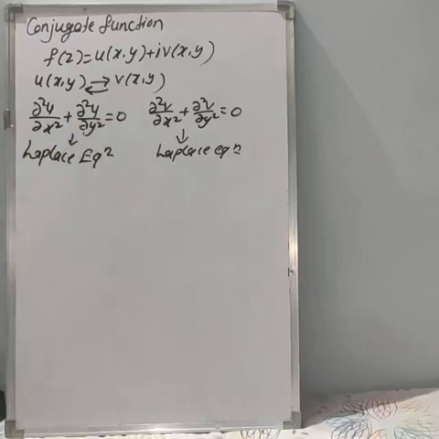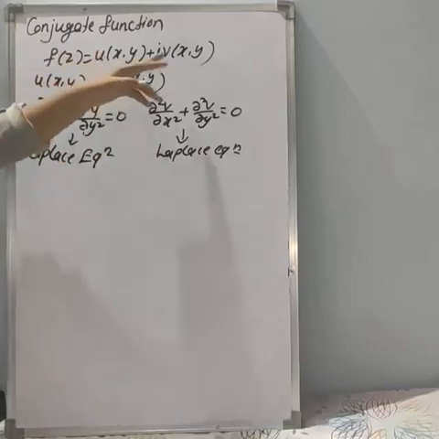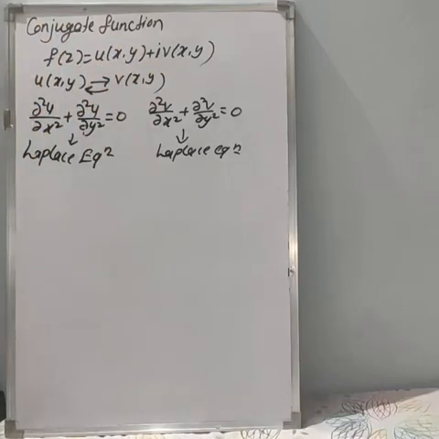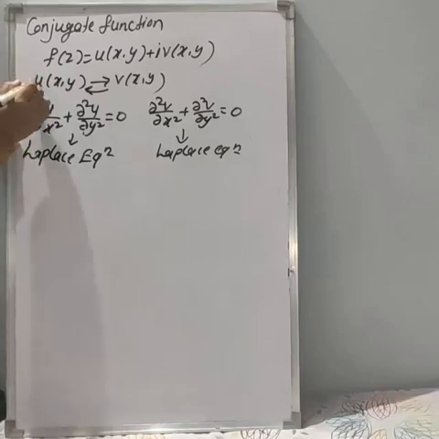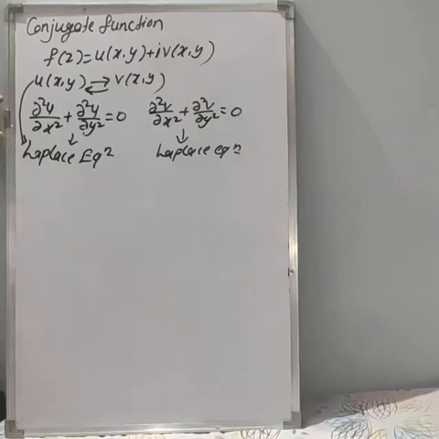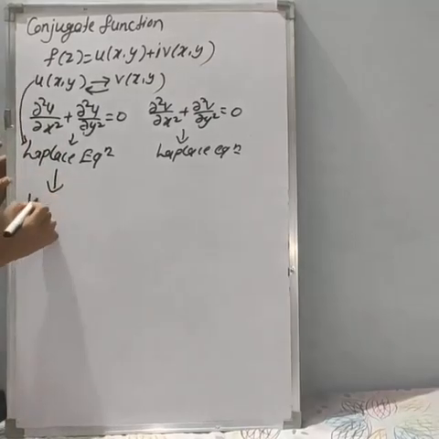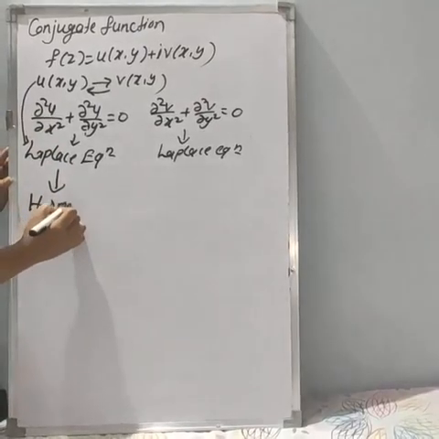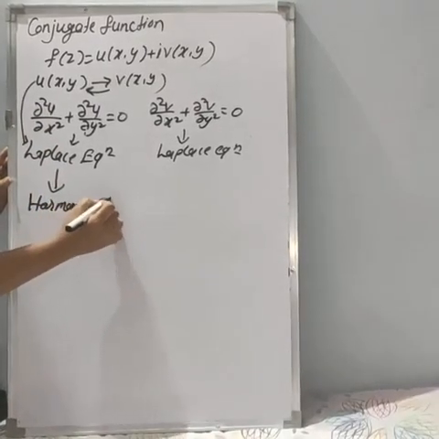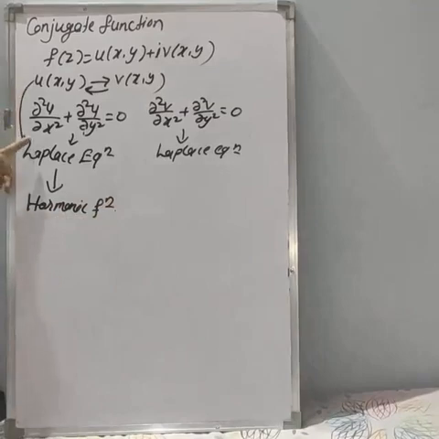Now suppose any function f of z is given, that is u plus i into v, where u and v are functions of x and y. If u satisfies the Laplace equation, then we can call u a harmonic function.